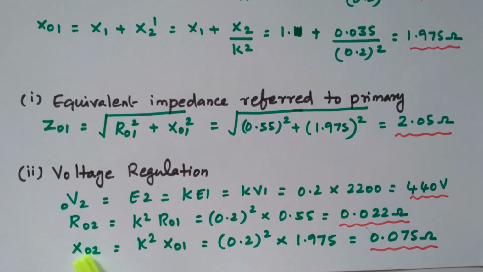Similarly X02 equals K square into X01, so 0.2 square into 1.975, which is 0.079 ohm. So now we have calculated the secondary no load voltage, and the resistance and reactance of the secondary side, R02 and X02.